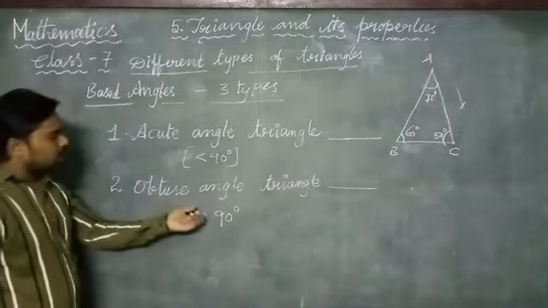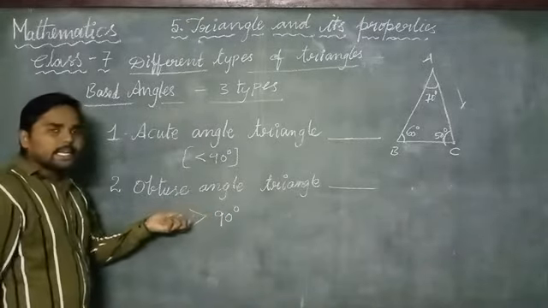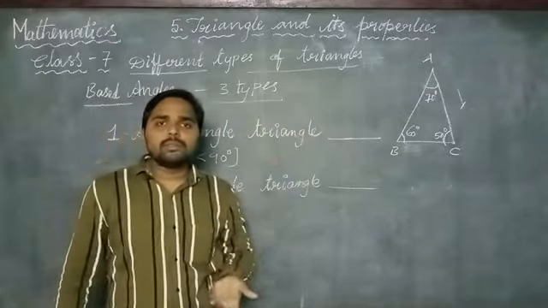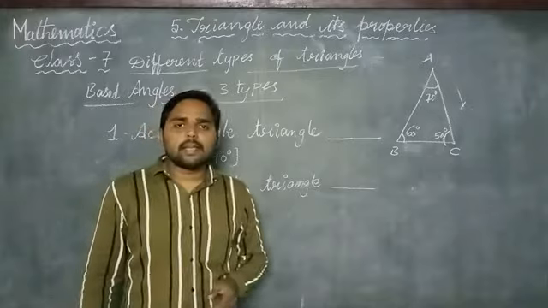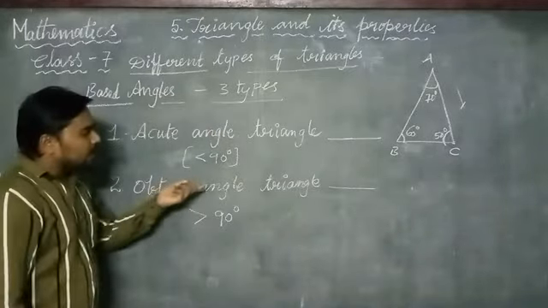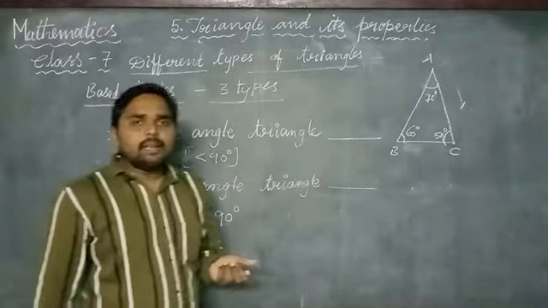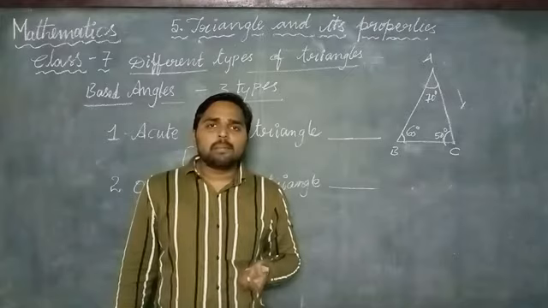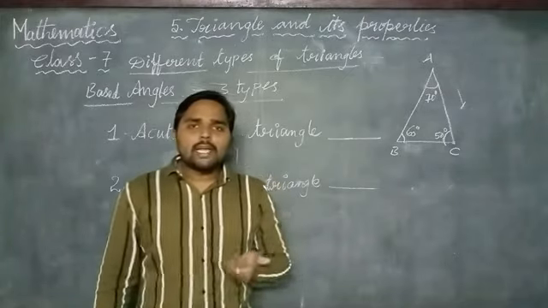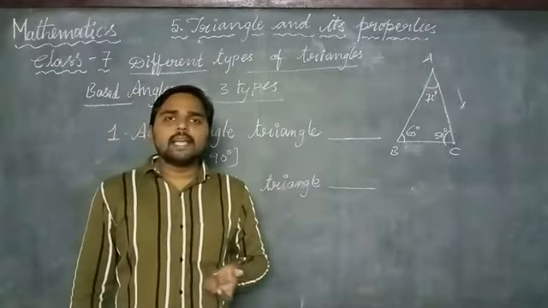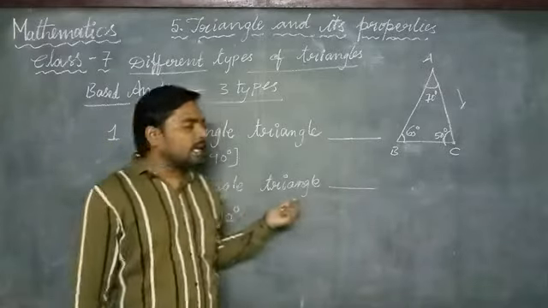Suppose one of the angles in the triangle is 91 degrees, then it belongs to an obtuse angle triangle. An obtuse angle triangle means a triangle having one angle more than 90 degrees.